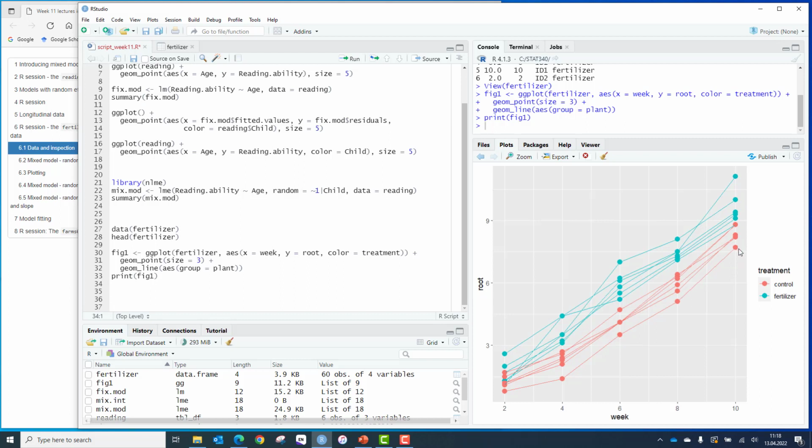And this is a sure sign of dependency, because once you have started measuring this one, the next measurement will be sort of similar to the previous one, in the sense that it was the smallest plant up here, it will be the smallest plant the next time again, right? If the data were independent, these lines should go up and down, up and down, up and down, right?